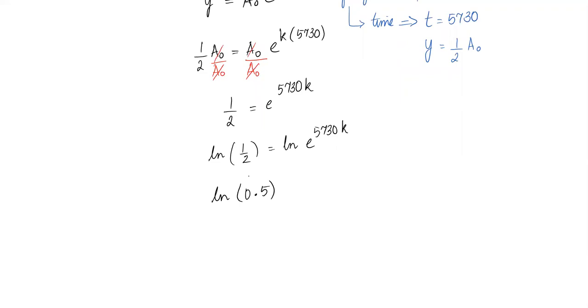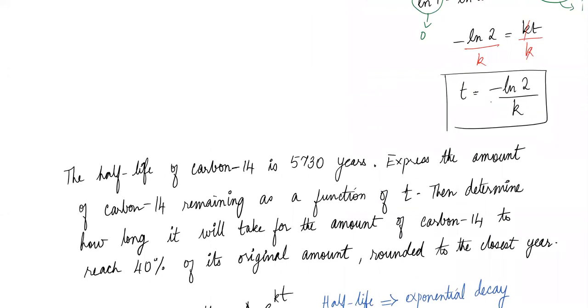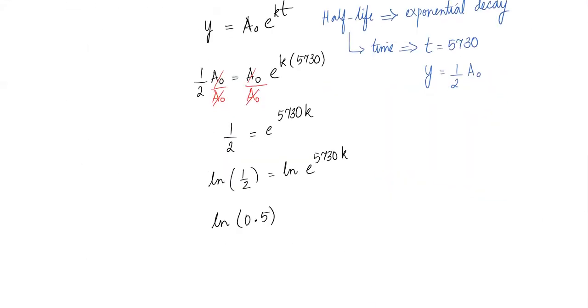Okay. What you saw here, let me quickly take you back here. What you saw here was if you solve this for k, right? If I solve this for k, I would get negative ln2 over t, isn't it? And k should be negative because this is exponential decay. So you can see the negative explicitly when you took the quotient rule to split up the half as 1 and 2, ln1 minus ln2. But if you're keeping it as 0.5, you won't see the negative.